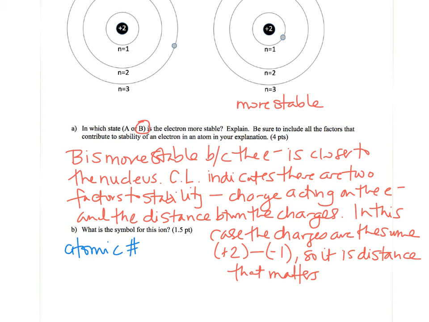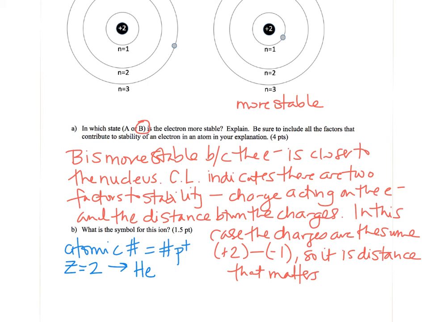And the atomic number is equal to the number of protons. In this particular case, the nucleus, we can see, has 2 protons. And if the atomic number is 2, then by definition, we must have a helium particle.